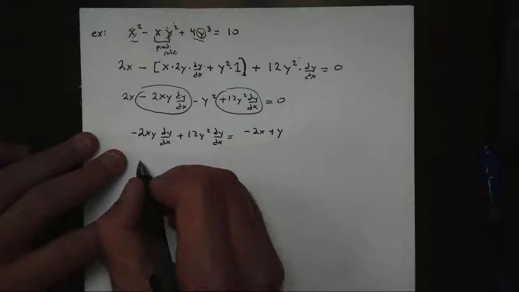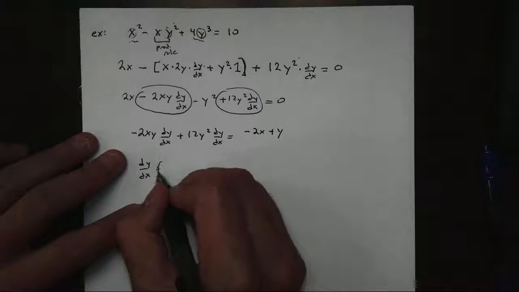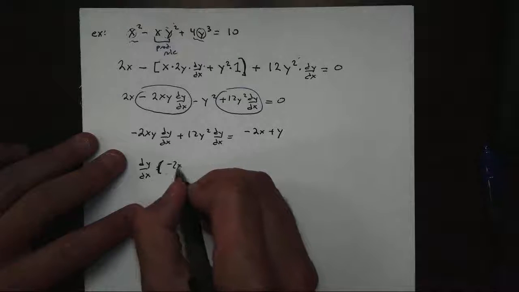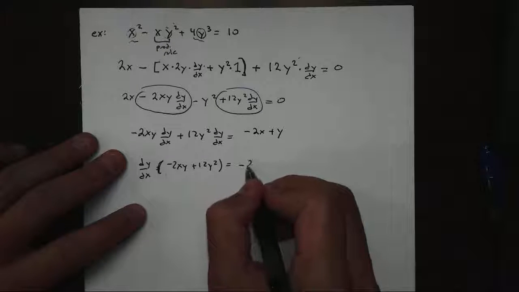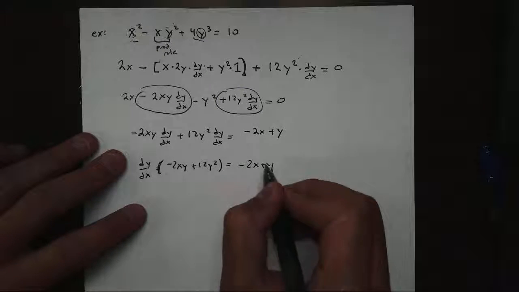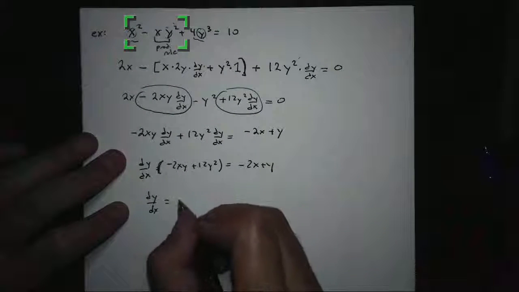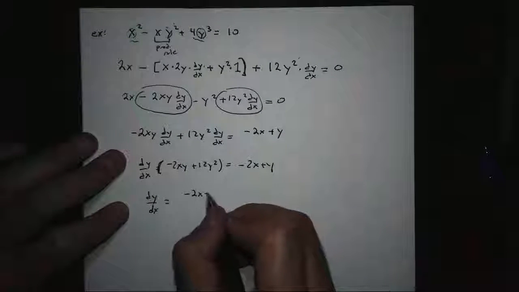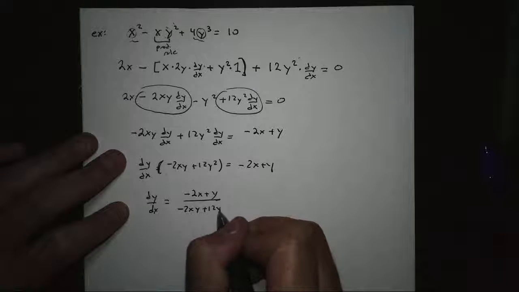So factor out my dy dx, and we get, times negative 2xy plus 12y squared equal to negative 2x plus y, and I just divide. Dy dx equals negative 2x plus y divided by negative 2xy plus 12y squared.